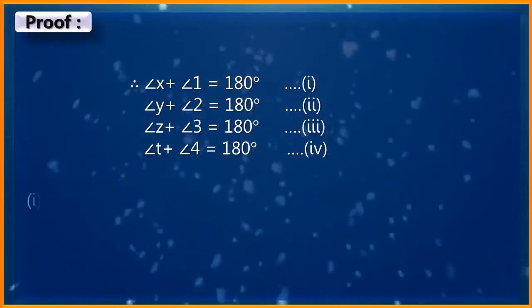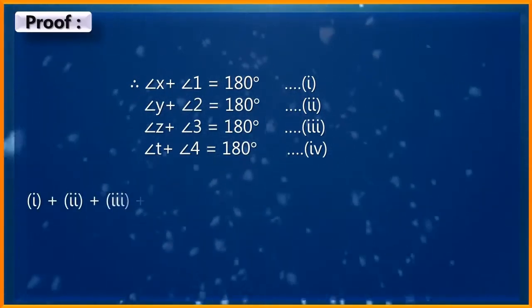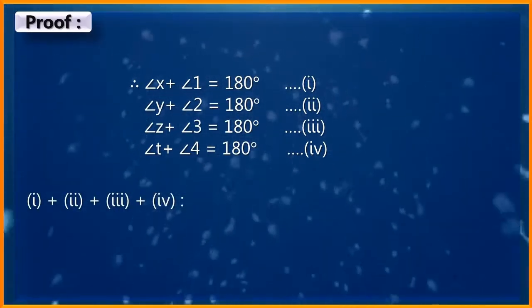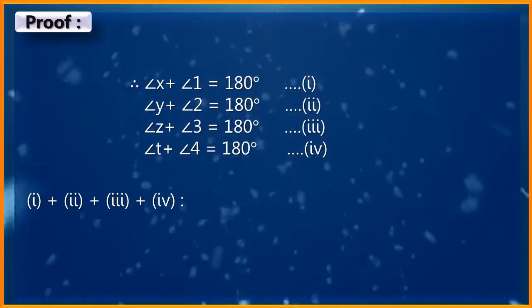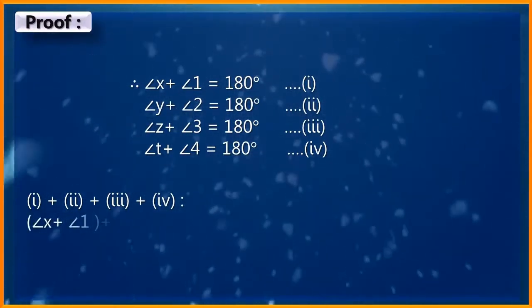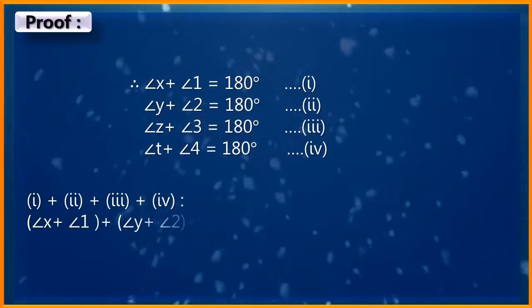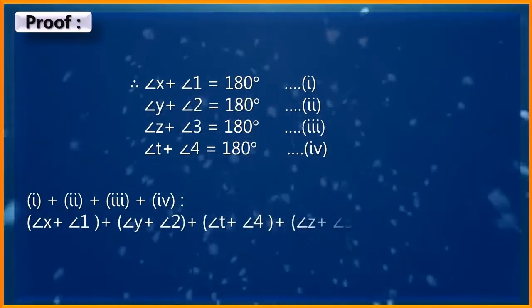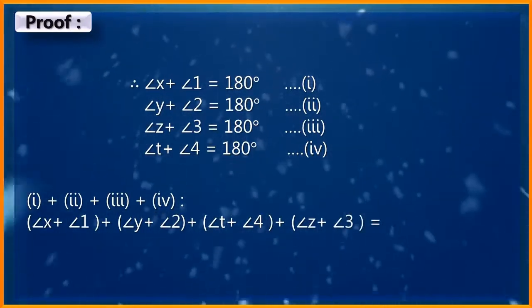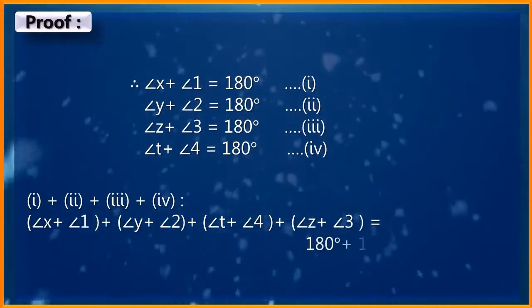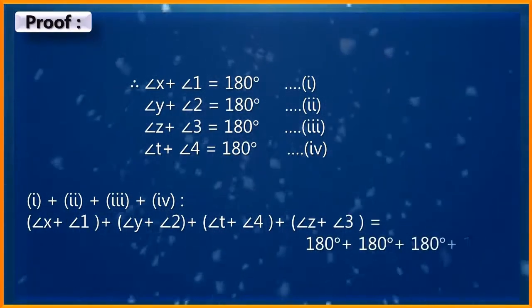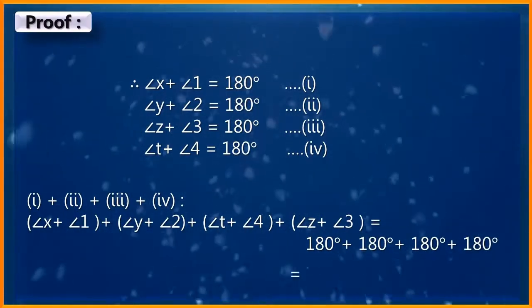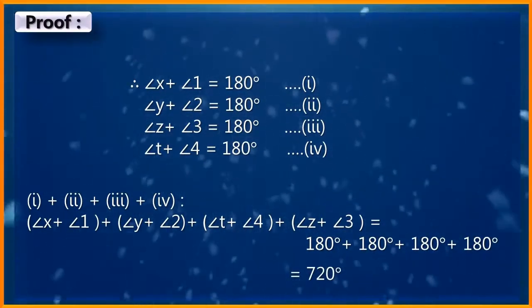On adding equations 1, 2, 3 and 4, we get angle x plus angle 1 plus angle y plus angle 2 plus angle t plus angle 4 plus angle z plus angle 3 equals 180 degrees plus 180 degrees plus 180 degrees plus 180 degrees, or 720 degrees.